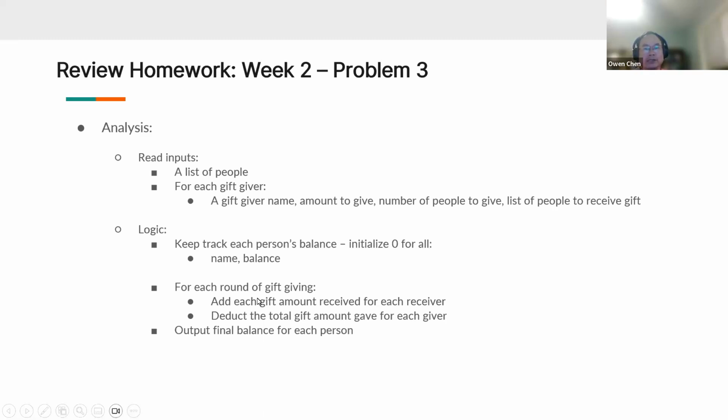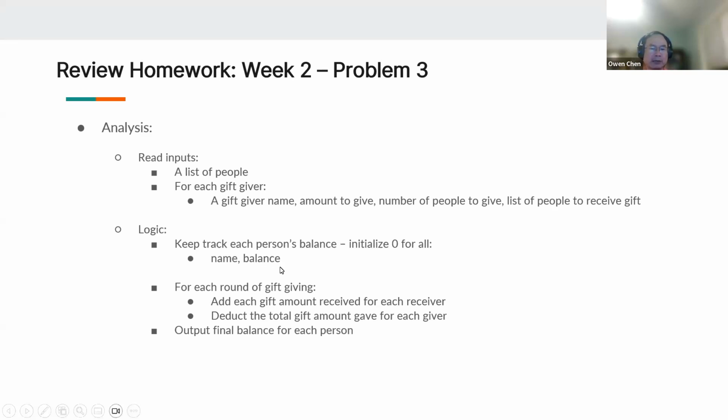Since we need to keep track of the name and balance, this calls for a data structure. For those of you who have learned a data structure called map in C++, that's where you pair the name with the value.